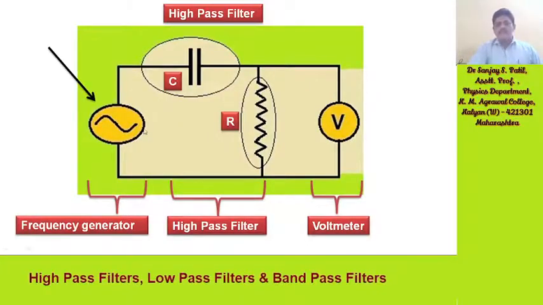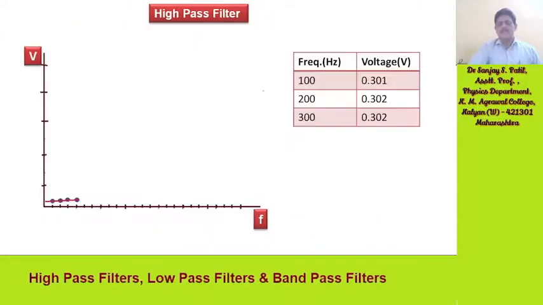Whatever frequency we provide from the frequency generator, the corresponding voltage is measured with this voltmeter. Whatever voltage we get, write it in tabular form, with the voltage corresponding to each frequency. See here, if we provide 100 Hz, the voltage is 0.301.